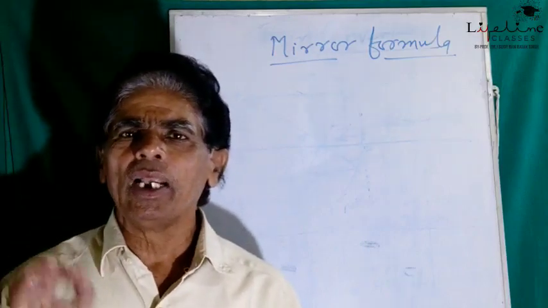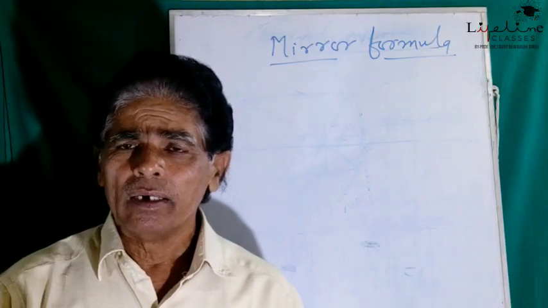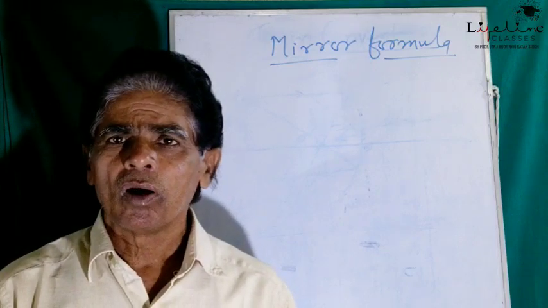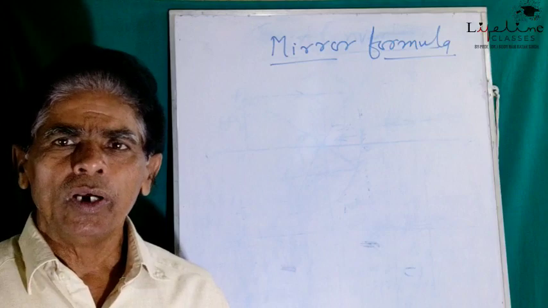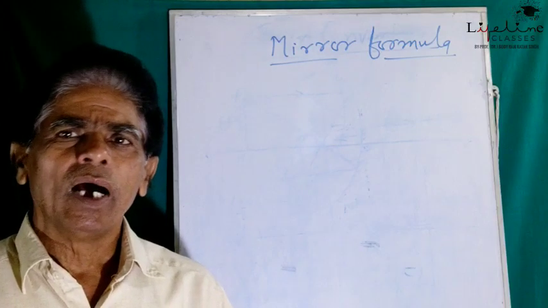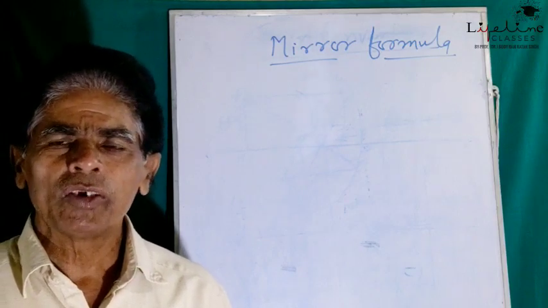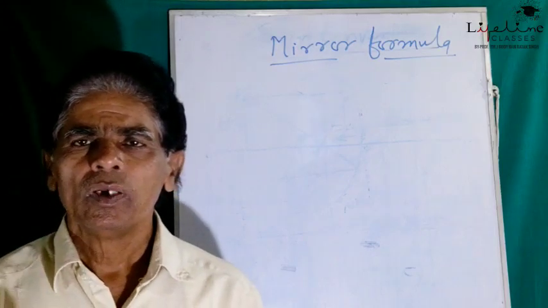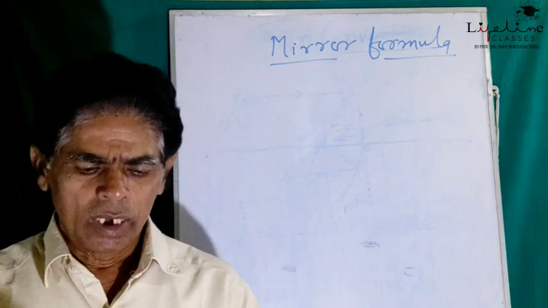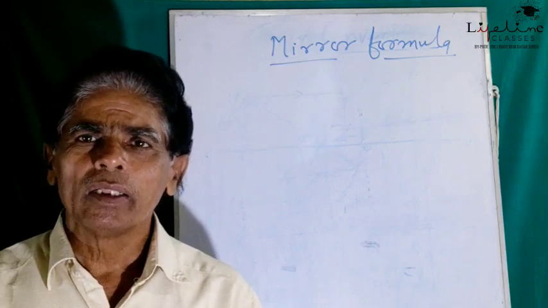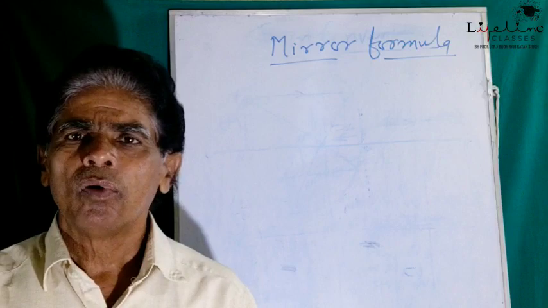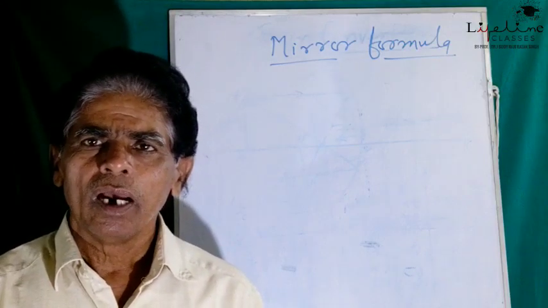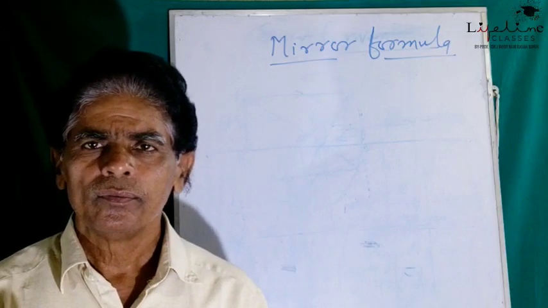A mathematical relation among the different optical quantities or the physical quantities related to the image formation by concave or convex mirror. That is the relation among the quantities like focal length, image distance and the object distance.